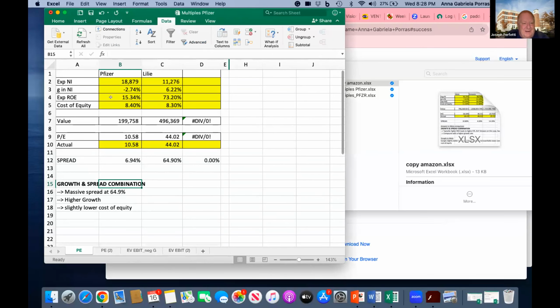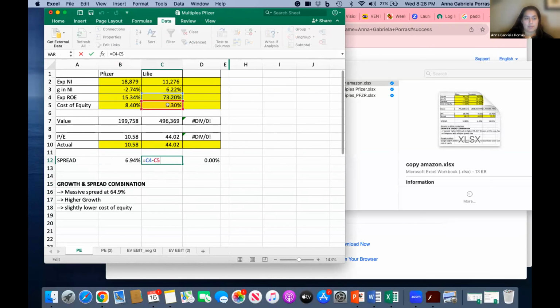Yeah, so just looking at the spread between comparing both, Lilly's at 64.9 compared to 6.9. So that difference in spread, as well as the higher growth at 6.2 for Lilly versus a negative 2% for Pfizer, contributes to a much higher PE valuation, as well as they also have a slightly lower cost of equity at 8.3 versus 8.4.